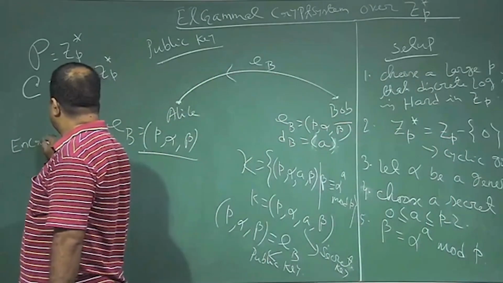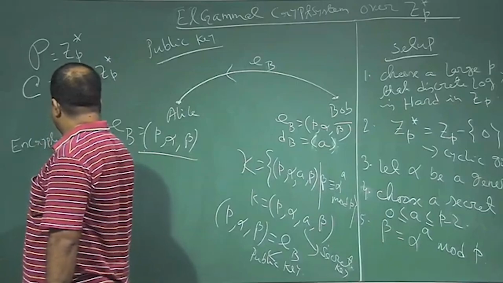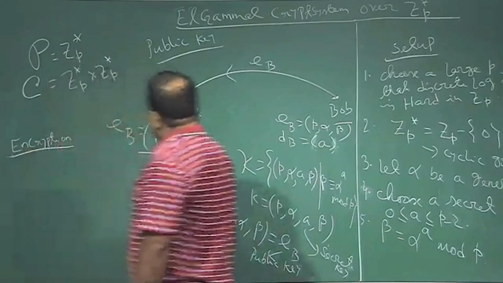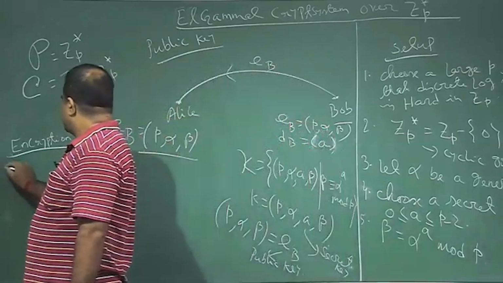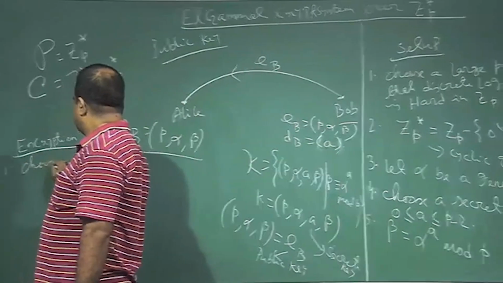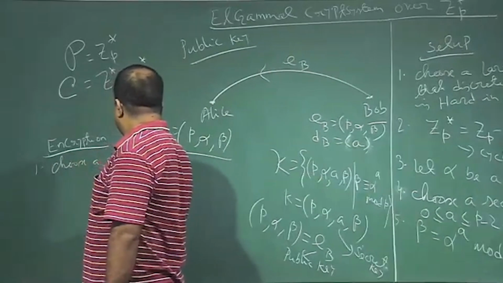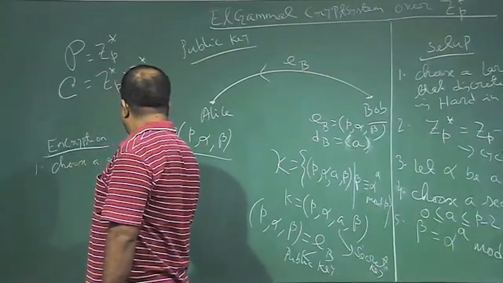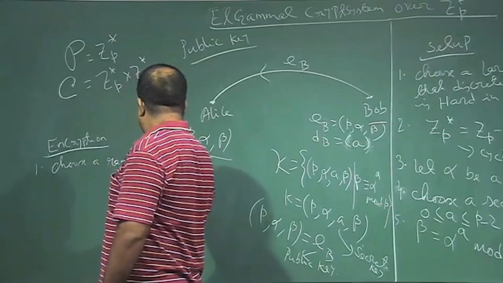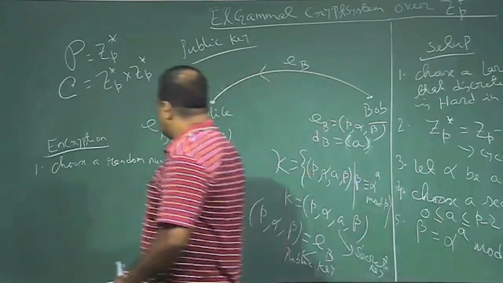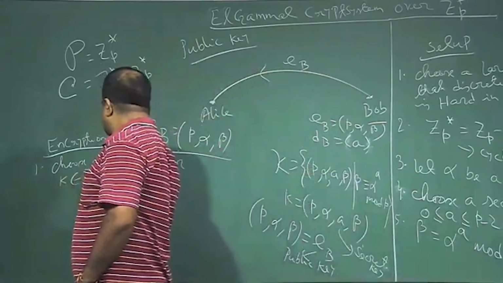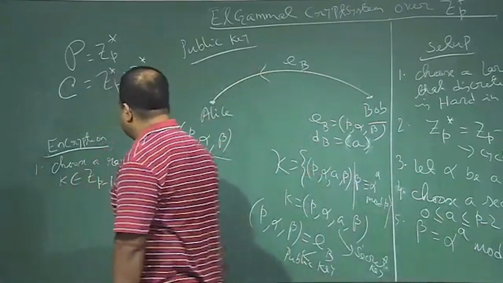This is the ElGamal encryption. So for encryption, first Alice will choose a random number k from ZP minus 1.